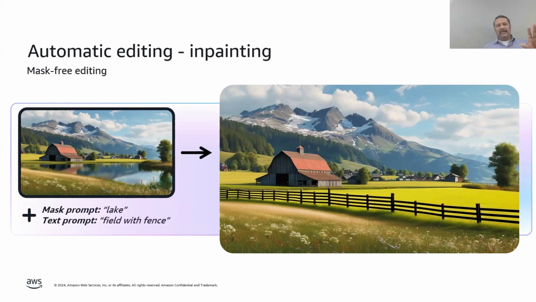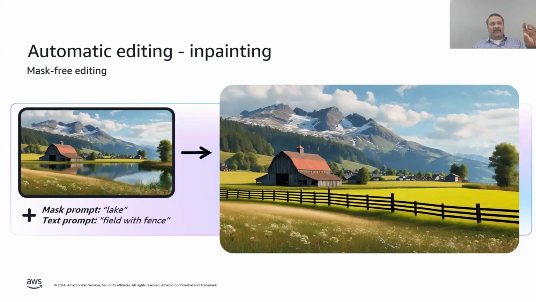In this example, we see a scenic landscape with mountains, a barn, and a lake in the foreground. The inpainting process has replaced the lake with a farm setting and added a wooden fence.